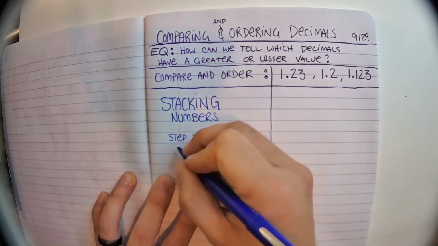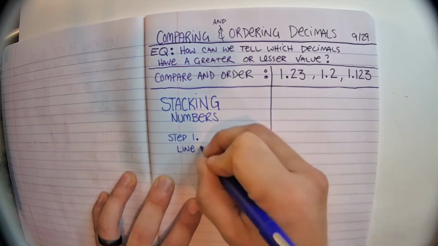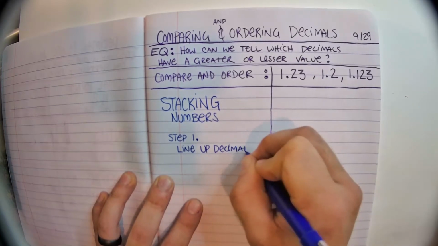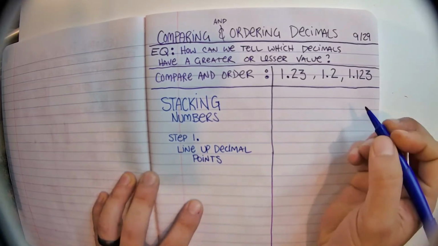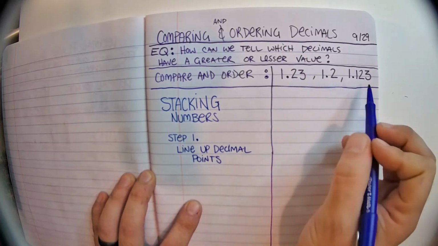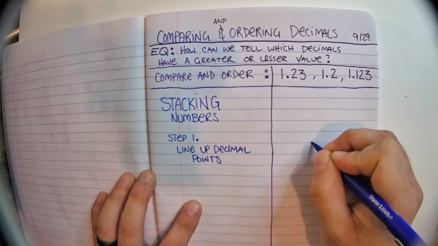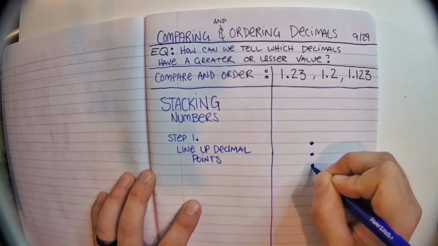All right, step one. Line up decimal points. All right, we need to line up the decimal points. So right here, we're looking at 1, 2, 3 numbers. So what we need to do is line up 1, 2, 3 decimal points.